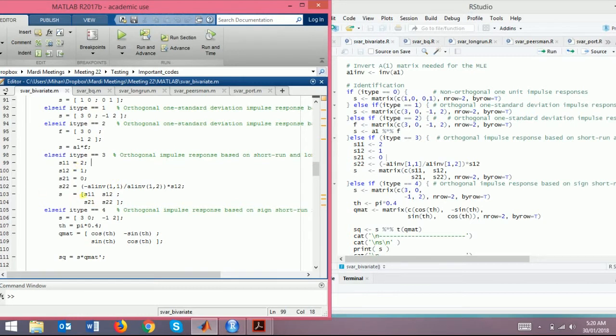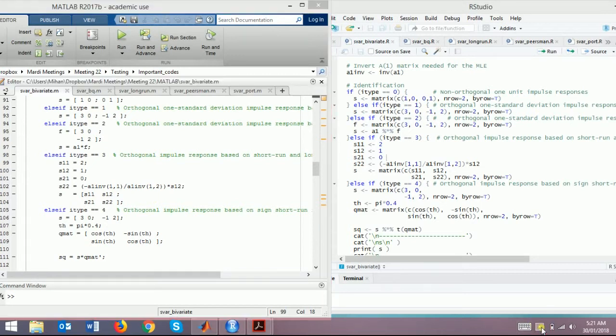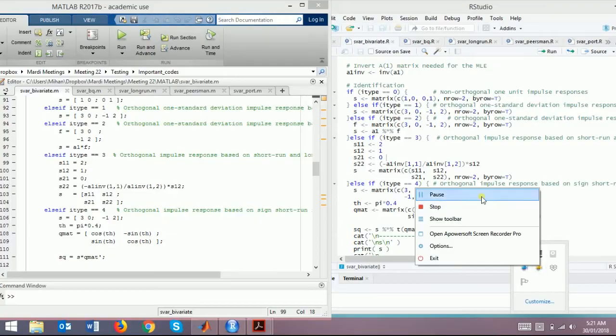Another diagonal element is S22, which is phi1, A1 inverse phi1 minus phi1 divided by phi2. This is coming from, just give me a second, let me open it up for you.